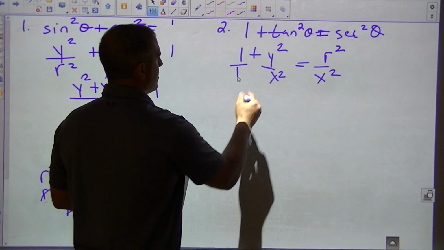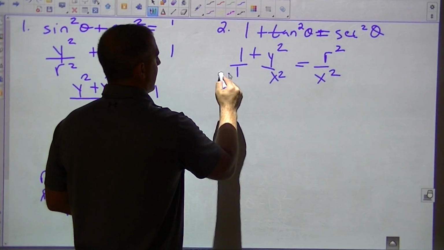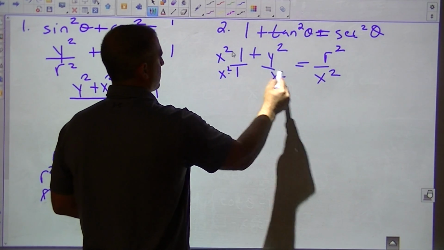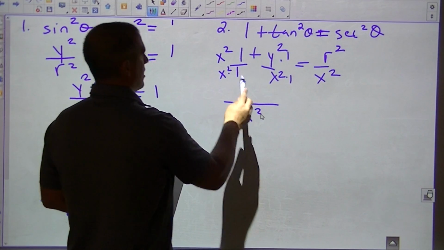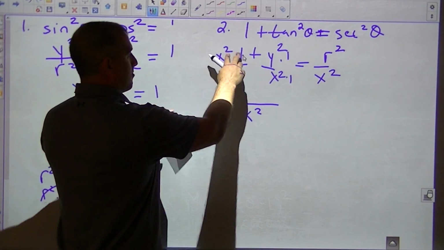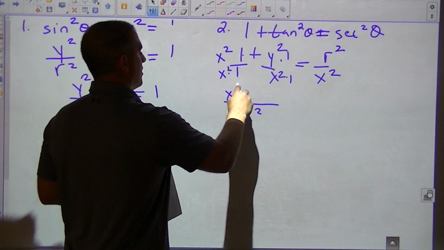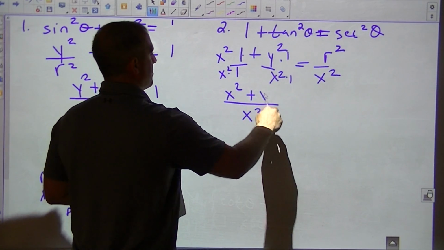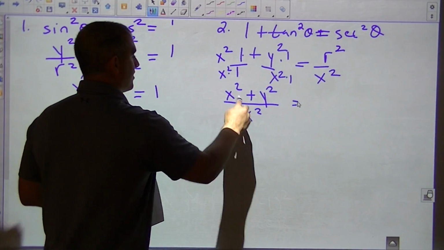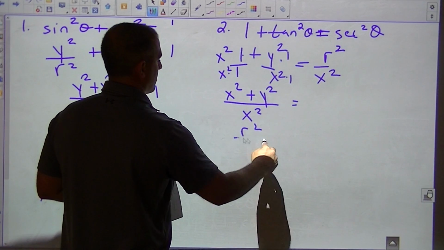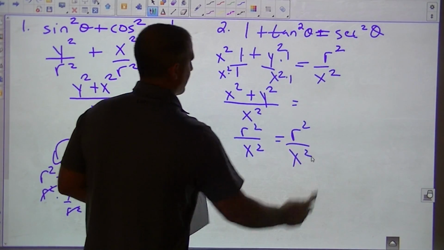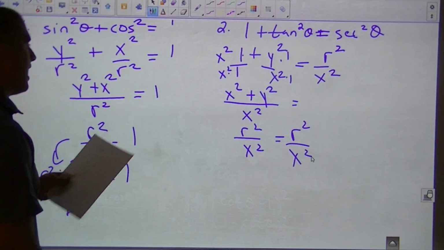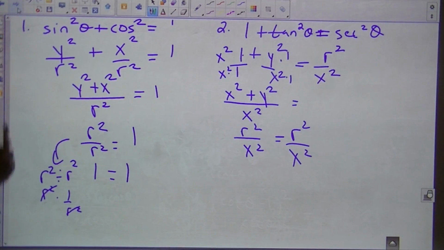This is over 1. This side's missing x squared, so I put x squared and x squared. The other side's missing 1. So my common denominator is x squared. Now I can multiply these, then push them together. That's going to be x squared plus y squared, and if you look in your givens, x squared plus y squared is r squared. So r squared over x squared equals r squared over x squared. You have to show both sides. Like I said, that's why I'm doing it on paper, so we have enough room.